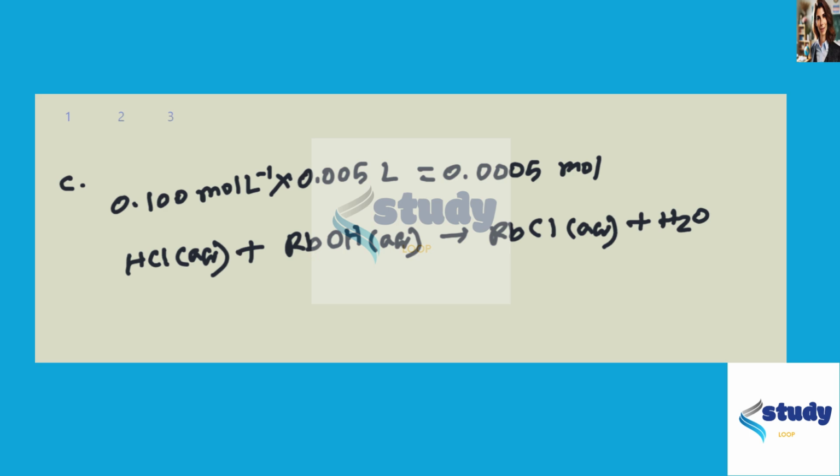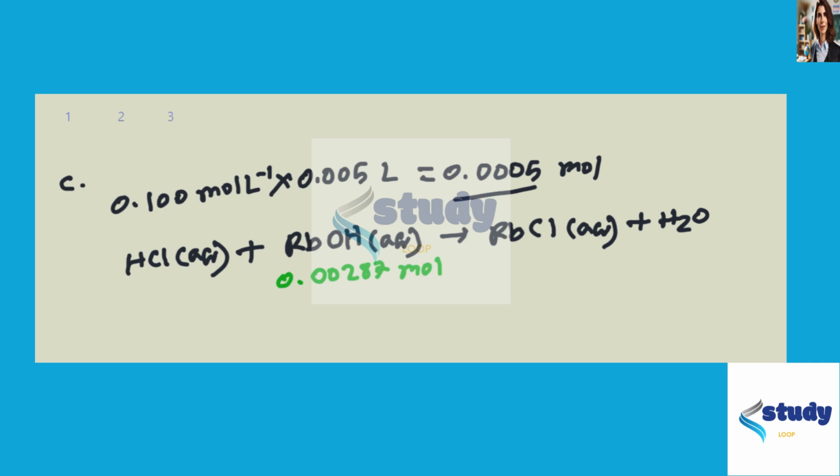So here we are adding 0.0005 mole HCl to RbOH. The initial number of moles of RbOH was 0.00287 mole.